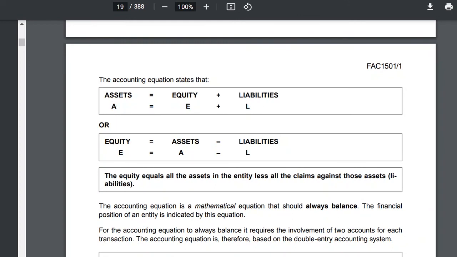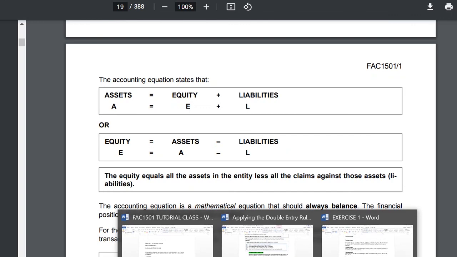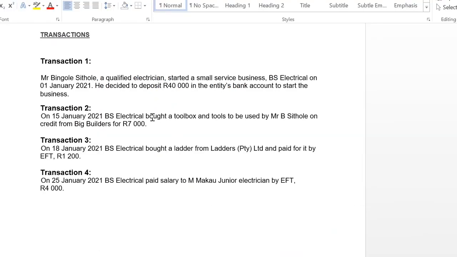How will this transaction affect your accounting equation? Equipment debit 7,000, creditor credit 7,000.